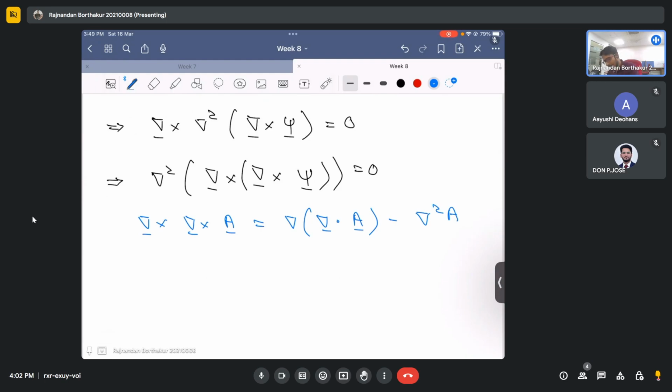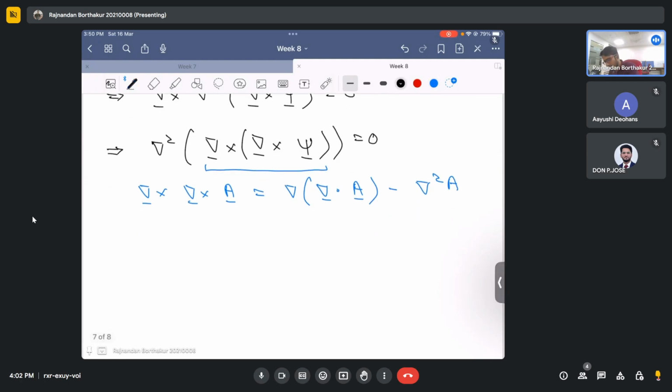If I apply this property here, this becomes del square into gradient of divergence of the stream function minus del square psi, and this is equal to 0.